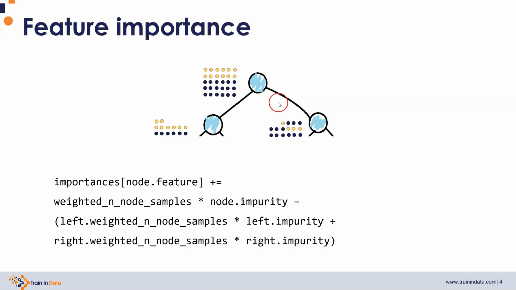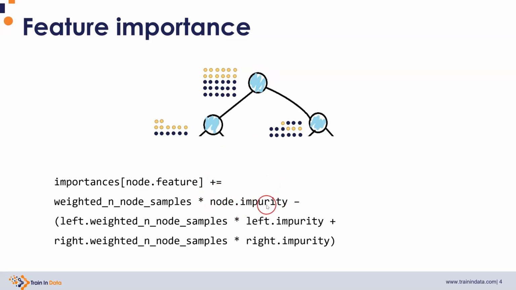And as the data is taken through the left and the right child node, hopefully these nodes will have less impurity, or in other words, more purity. So the importance of the feature is obtained by subtracting the impurity of the left and right node from the impurity of the top node, which is this equation that we have here.